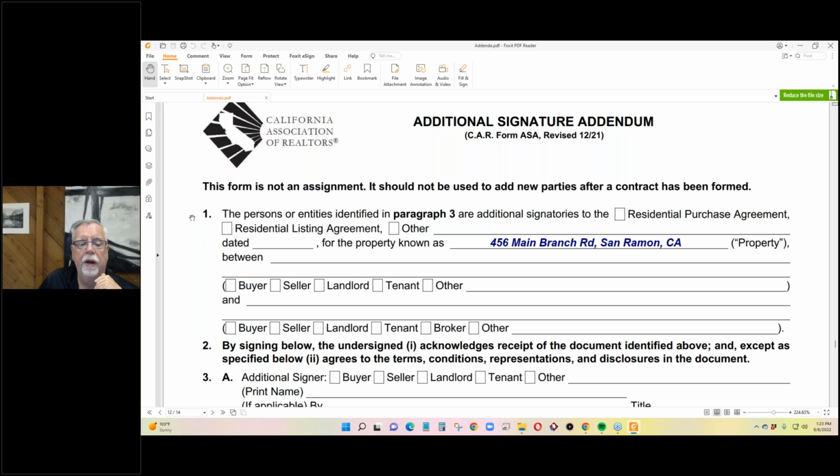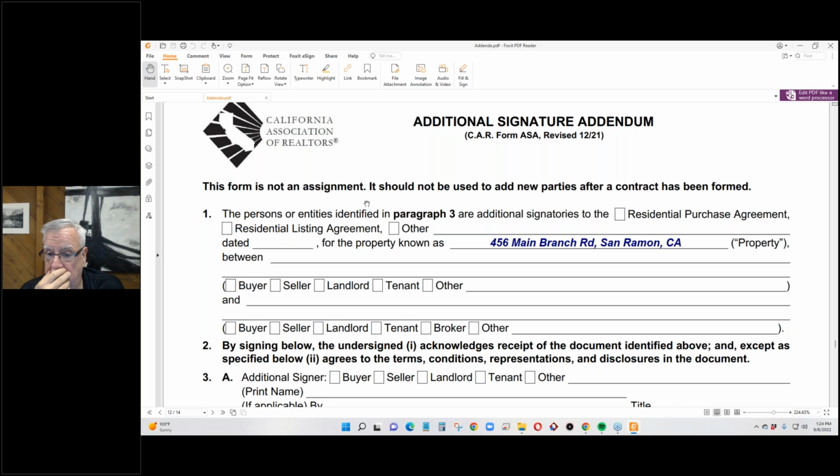To begin with, notice it says this form is not an assignment. So where I see this being a problem is sometimes you've got 2 buyers or 1 buyer, and then later in the transaction, you want to add another buyer, right? Because for qualification purposes or whatever, so somebody says, well, I'll just have them sign the additional signature addendum.